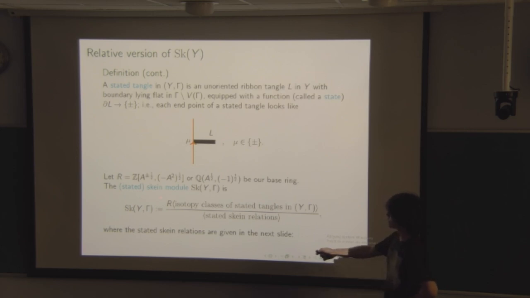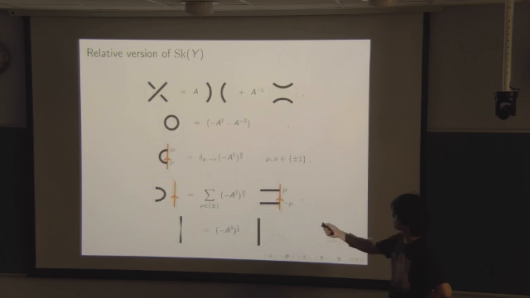Now, the stated skein module of a boundary marked 3-manifold, (Y, gamma), is defined in a way that's very similar to how the ordinary Kauffman bracket skein module is defined. First we take the free R module generated by isotopy classes of stated tangles, and we mod out by stated skein relations, where the stated skein relations are given by the following relations.